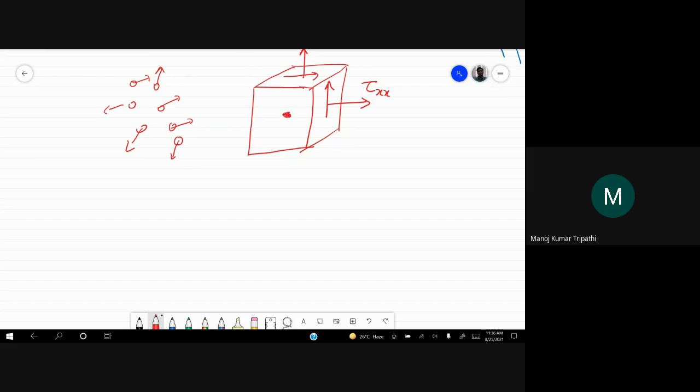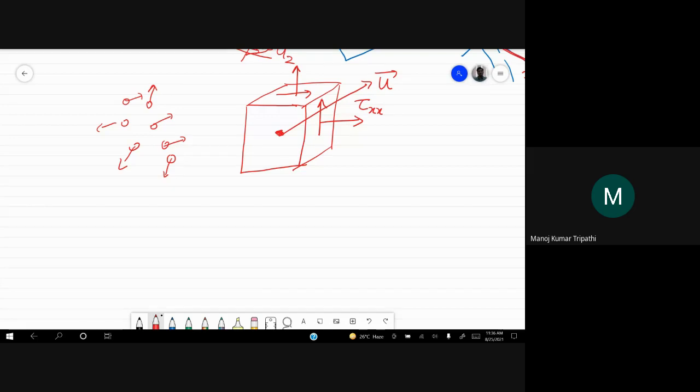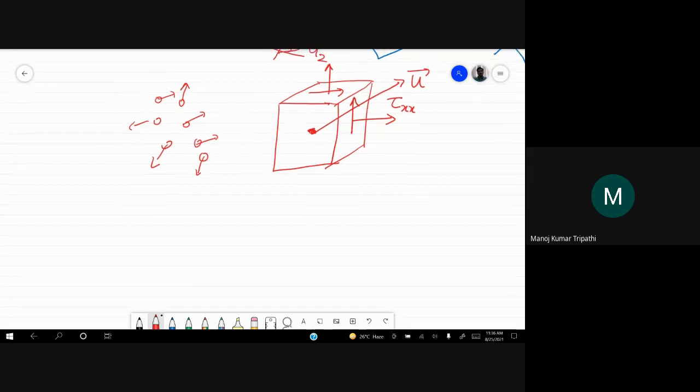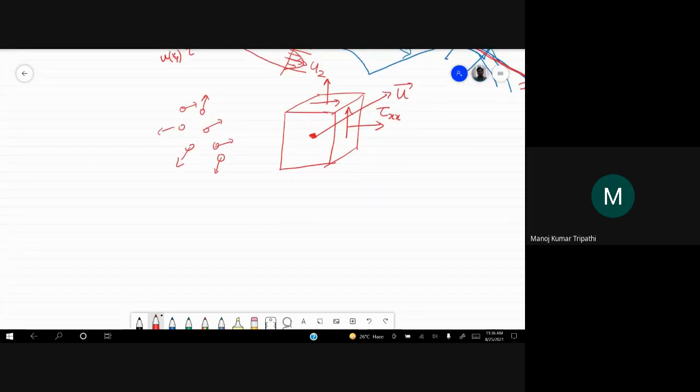Or if it is an infinitesimally small region of space and still you assume it to be continuum, let's say this is velocity u. You can write velocity u in terms of these tau xx, tau xy, and so on. But you cannot do so if you assume everything to be made up of molecules. You have to take the forces on all the individual molecules, sum them up, and only then can you talk about the velocity, the average velocity.